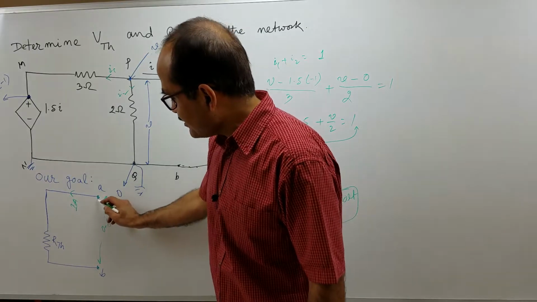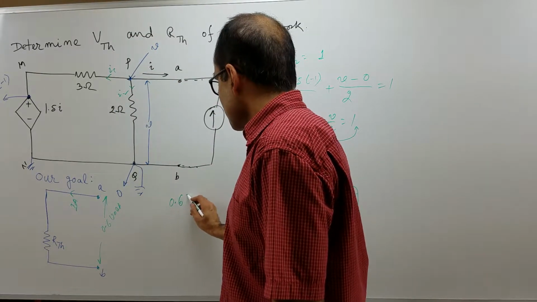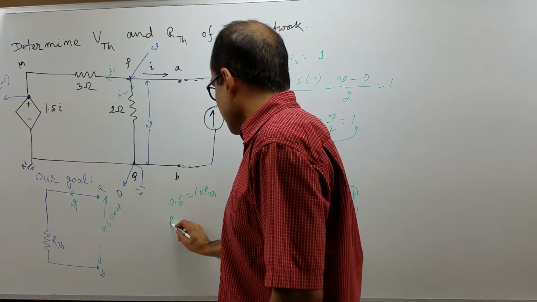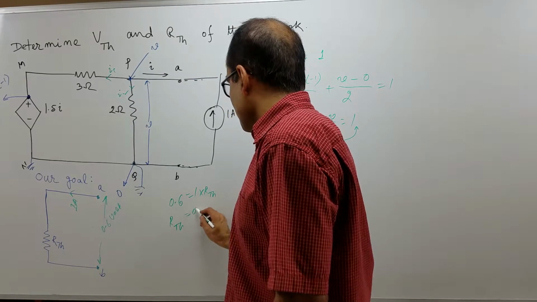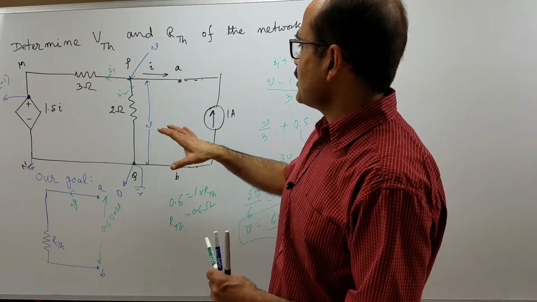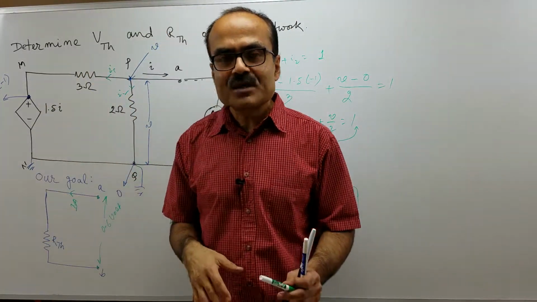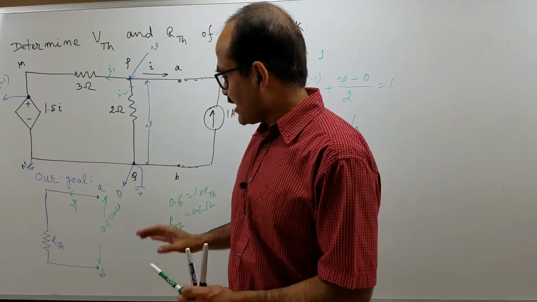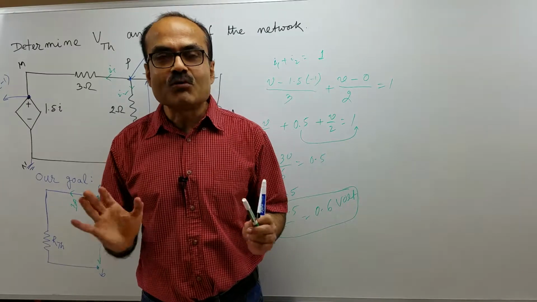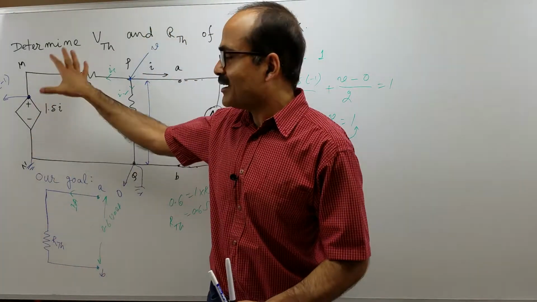So, 0.6 is equal to 1 times R Thevenin. So, R Thevenin is equal to 0.6 ohm. So, the Thevenin resistance of this circuit is 0.6 ohm and the Thevenin voltage of this is 0 volt. That is what we found using Thevenin's theorem on this network.